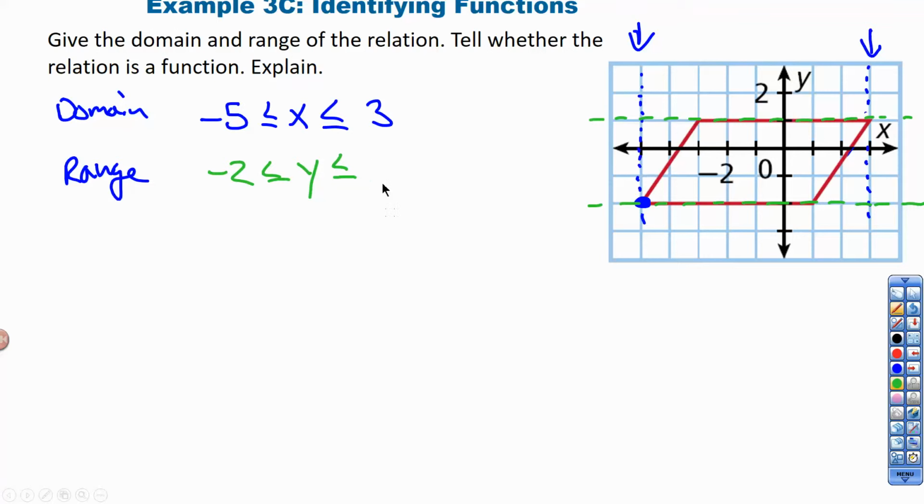And what is our largest? 1. This is 2, Rosa. So this is 1. All right, and we said that this is not a function.